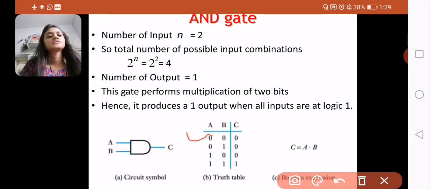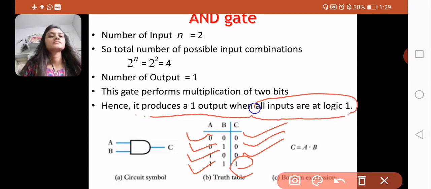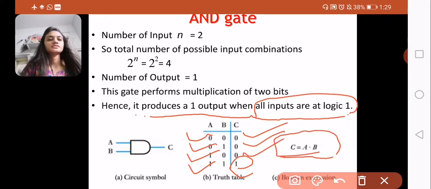First combination: 0 multiplied by 0 gives 0, 0 multiplied by 1 gives 0, 1 multiplied by 0 gives 0, and 1 multiplied by 1 gives 1. That means this logic gate produces 1 only when all the inputs are at logic 1. The equation is C equals A multiplied by B, that is the Boolean equation or Boolean expression.